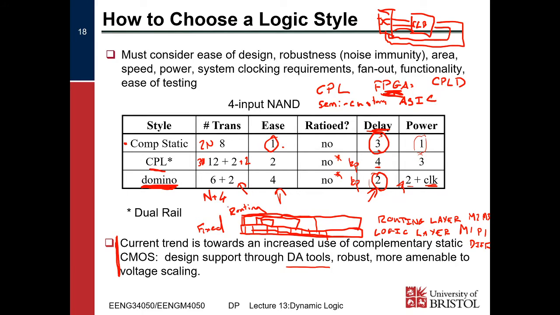It's more robust, the tools support it better, and it's also happier to deal with voltage scaling. CMOS is fine with voltage scaling. As you change the voltage in other types of logic, it can mess around with it too much, so you need to be very careful of voltage scaling with other techniques. So we get more and more CMOS logic. And that is the end of the dynamic lecture.